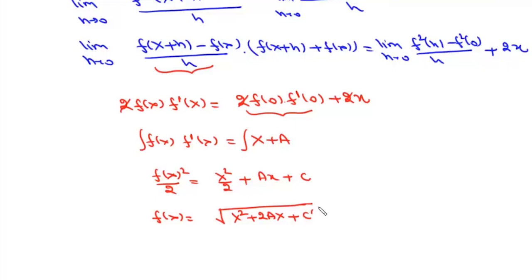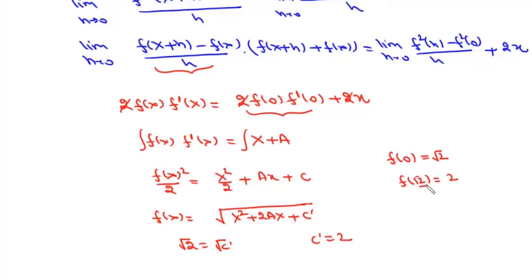Now we are given two conditions. One of them is f(0) is root 2 and f(root 2) is 2. Now if we put x as 0, we'll get root 2, and this will be equal to root of c dash. So the value of c dash is 2.